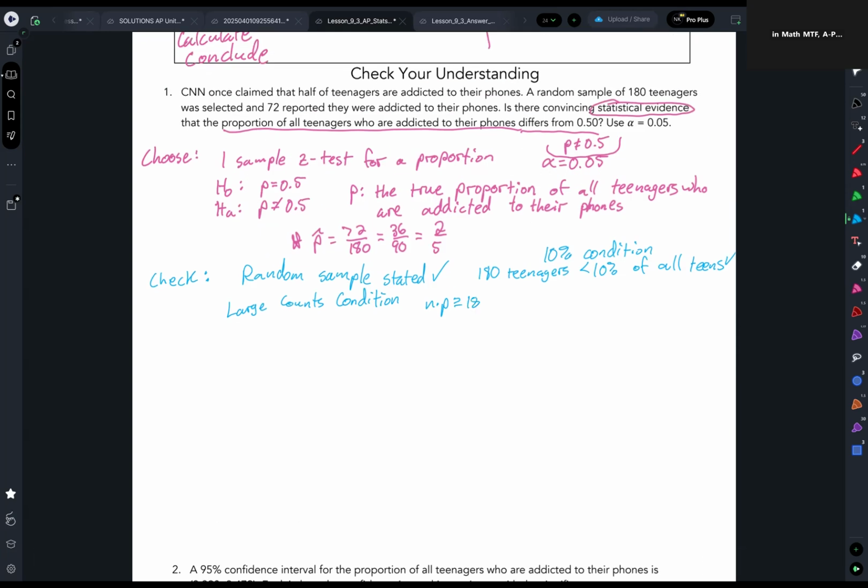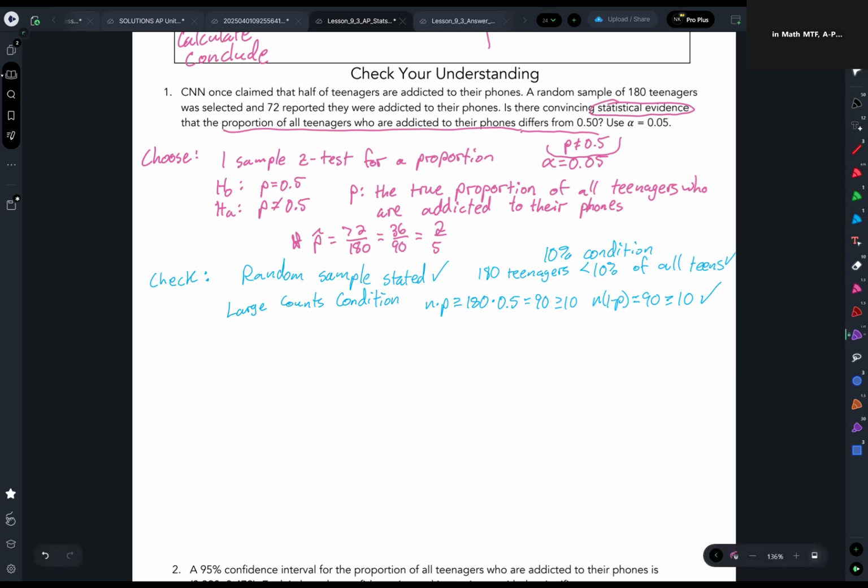So 180 times 0.5, you use the p, is equal to 90, greater than or equal to 10. And n times 1 minus p would equal 90, which is greater than or equal to 10. Notice I substituted in one time. You can substitute values in again, but that's all you really have to do there.